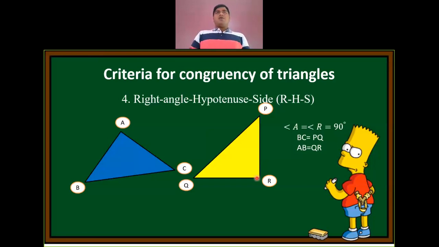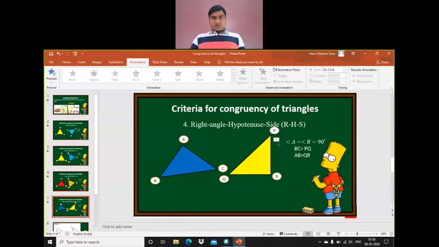The two triangles must be right angle triangles; if the two hypotenuses are equal, and if one side is equal, then the two triangles are congruent to each other. Now verify this. In previous cases the triangle PQR was overlapping ABC. Here the triangle ABC is overlapping PQR. Now rotate the triangle ABC and shift.